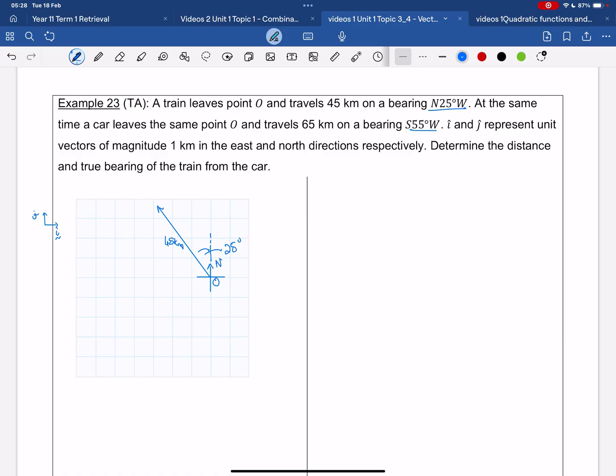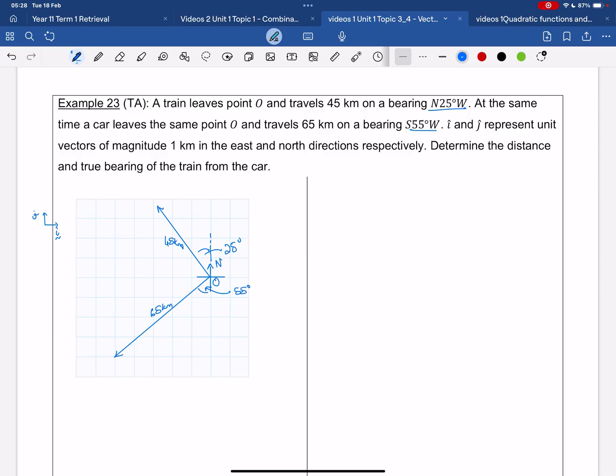At the same time, a car leaves the same point, travels 65 on a bearing of south 55 west. Okay, well, 65 k's in that direction, and that is my 55 degree angle there.